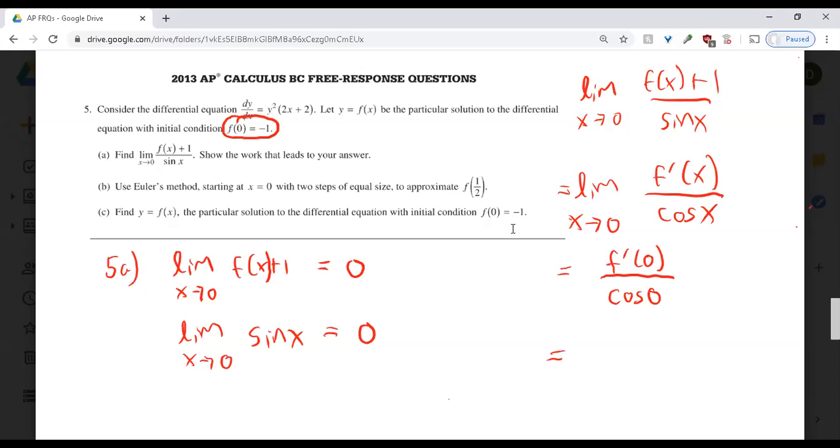When you figure out f prime of 0, a little scratch work here, f prime of 0 is going to equal, I'm going to use this right here, y squared times 2 times x, where x is 0, plus 2. We just have to figure out what y is when x is 0.